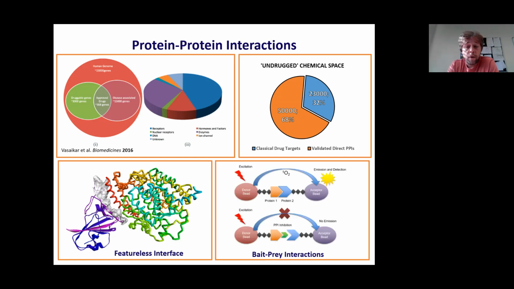So to sort out the bioassay problem, this typically results in the development of bait-prey interactions, where you get either formation or disruption of a protein-protein interaction and subsequent fluorescence or fluorescence quenching in the presence of an inhibitor. This has, of course, also been very successful. However, it does have its own drawbacks.